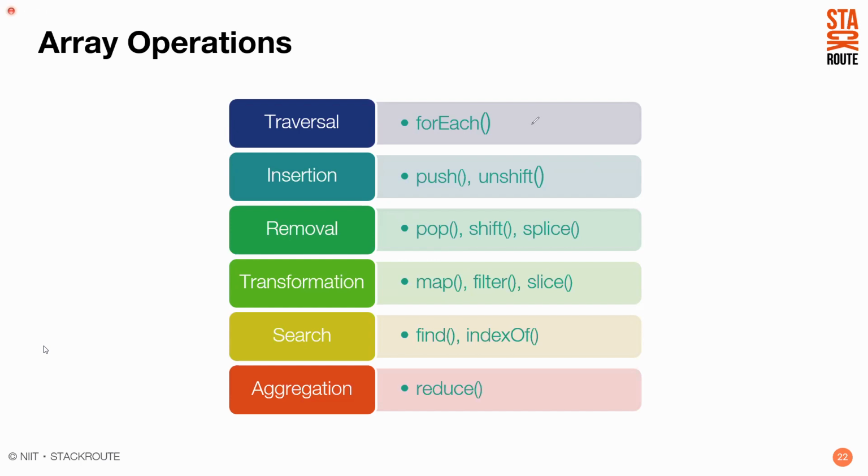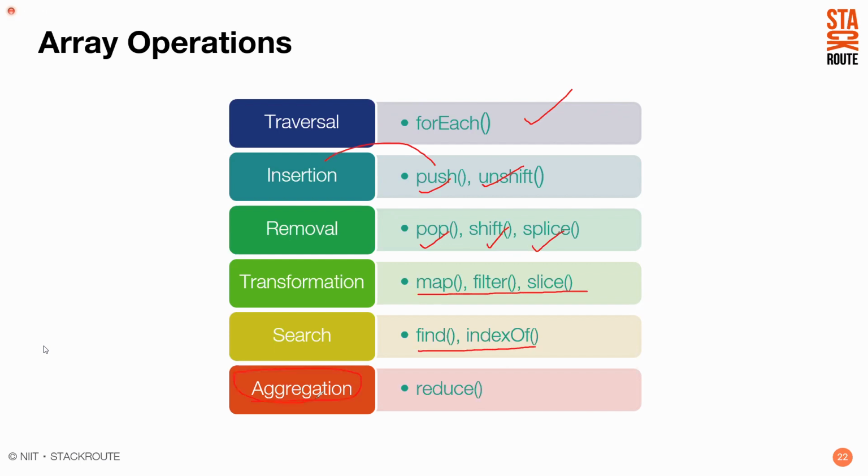To traverse, I can use forEach. For insertion, I can use push and unshift. For removal, I can use pop, shift and splice. For transformation, I can use map, filter and slice. For searching, I can use find and indexOf.